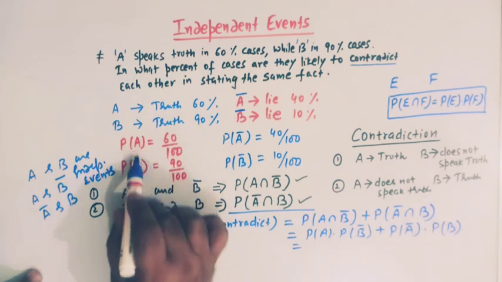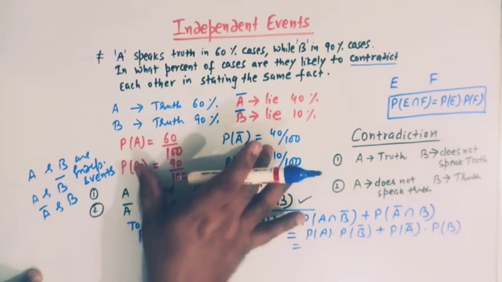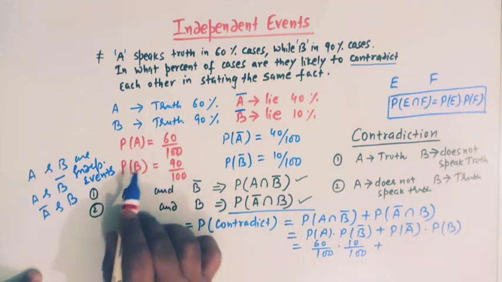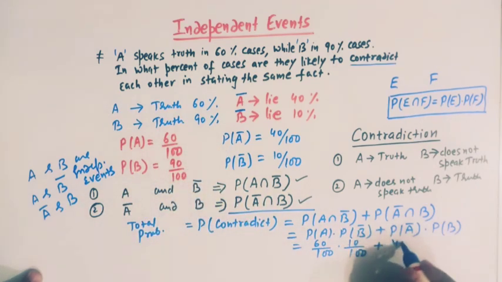Now we substitute these values in this expression to get the required probability. So we have P(A) is 60 over 100 multiplied by 10 over 100, plus 40 over 100 multiplied by 90 over 100.